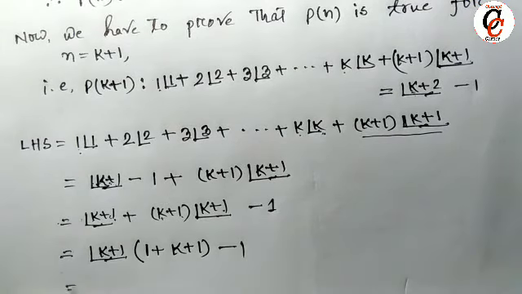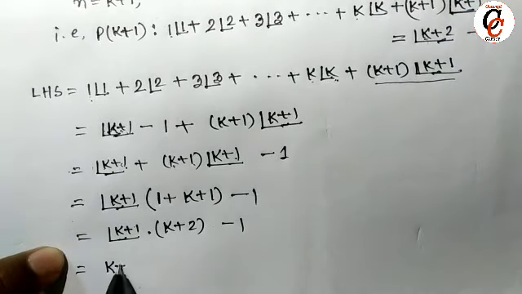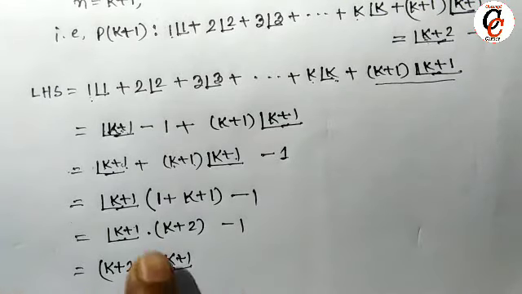Now see, factorial k plus 1 whole into k plus 2 minus 1. This thing we can write in this way or not? If we write k plus 2 first, k plus 2 into factorial k plus 1. Yes, we can write. It is multiplication, so order doesn't matter.